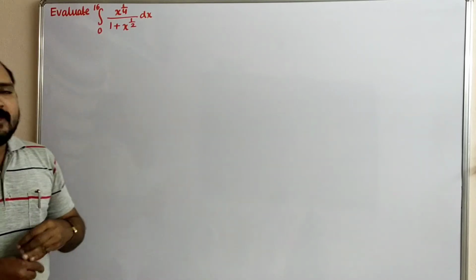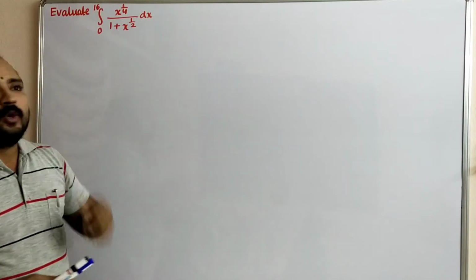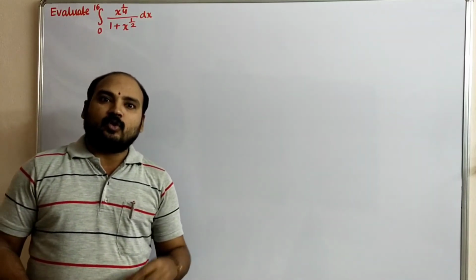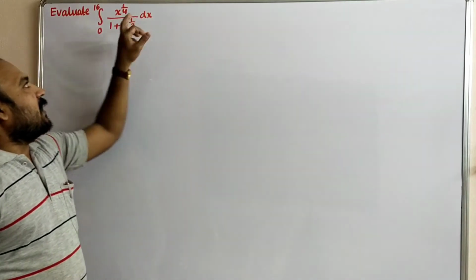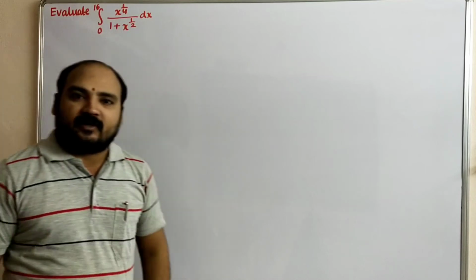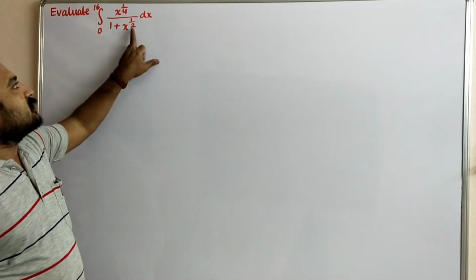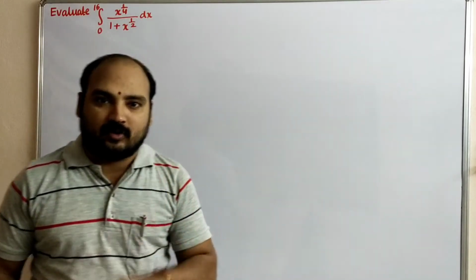Observe that in this integral, x power 1 by 4 and x power 1 by 2 are there. To evaluate these types of integrals, you have to observe the radicals: 1 by 4 and 1 by 2 are there. So the denominators are 2 and 4, and the LCM of 2 and 4 is 4.